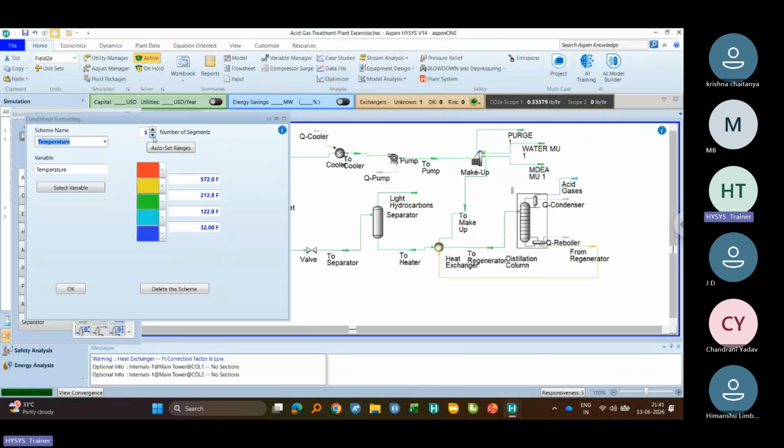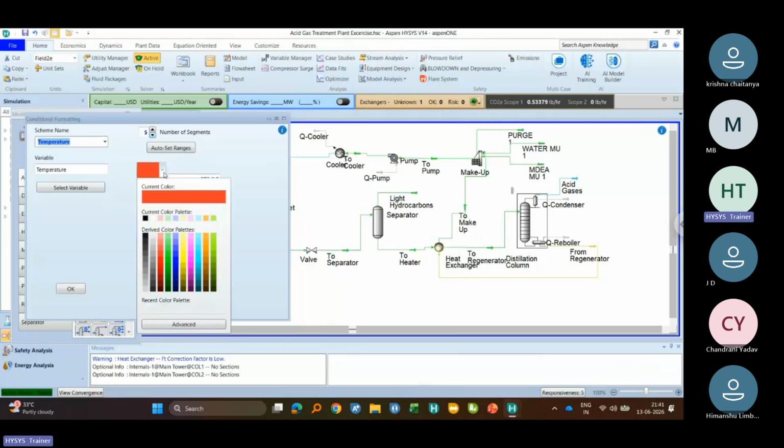And what are the segments like? The temperature ranges will be less than 128 Fahrenheit, between 128 to 157 Fahrenheit, 157 to 185, 185 to 213, and more than 213. Again, you can change these colors as per your likes or the demand from the customer.